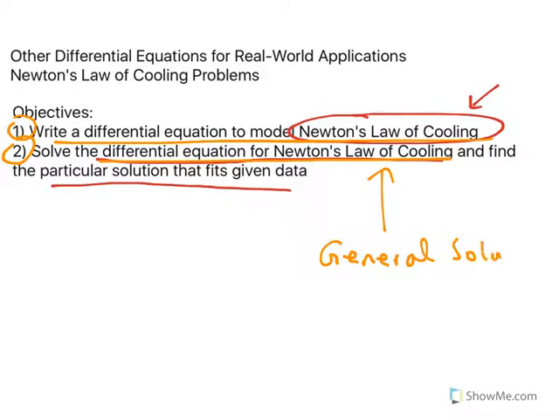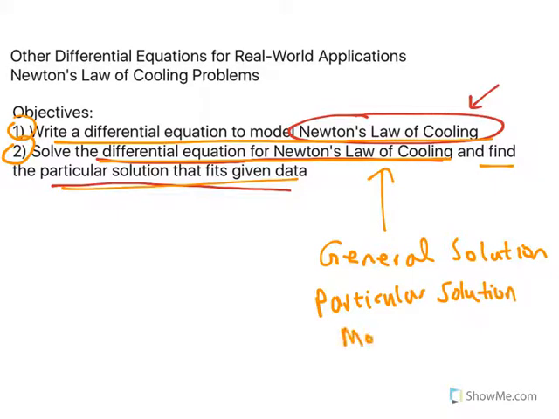And then after we find the general solution, we need to find the particular solution that fits the given data. That would give us our particular solution, which you can also call our model for the situation. And then we're going to use our model to answer the question in the problem. So that's going to be our progression for the work that we'll be doing.